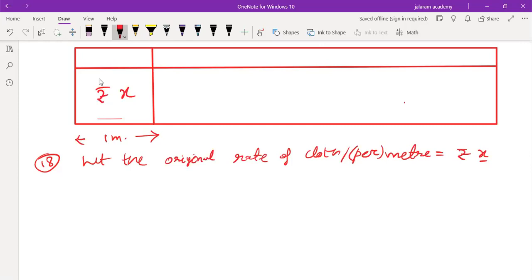Okay, this 1 meter cloth can be bought for rupees x.